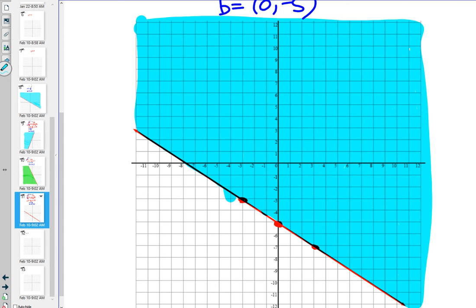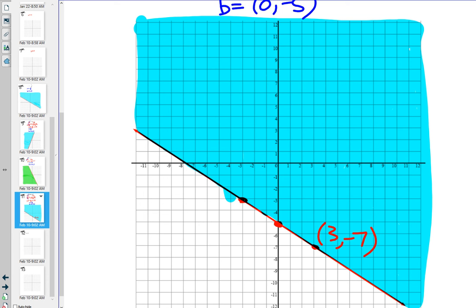I win. You won. Hiram, is the point 3, negative 7 part of my solution? Let me see. I'll help you out. Yes. Why yes?